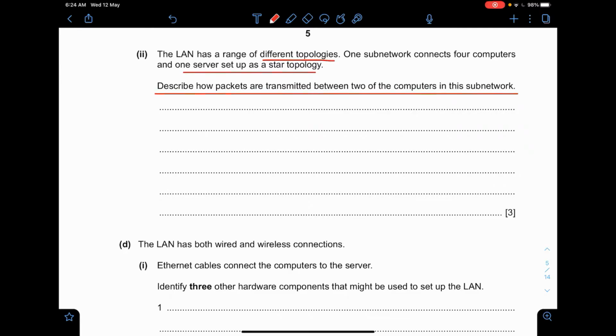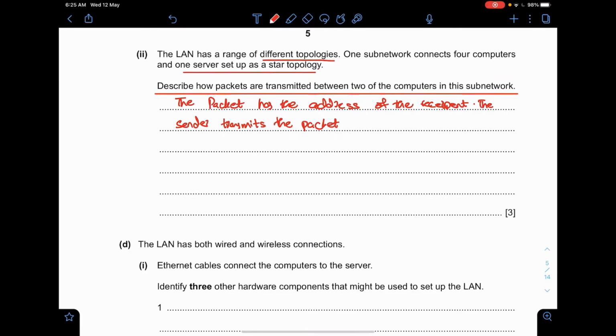First of all, we need to understand how packets work. The packet of your data has the address of the recipient. And when the sender sends the packet, the sender transmits the packet directly to the server.